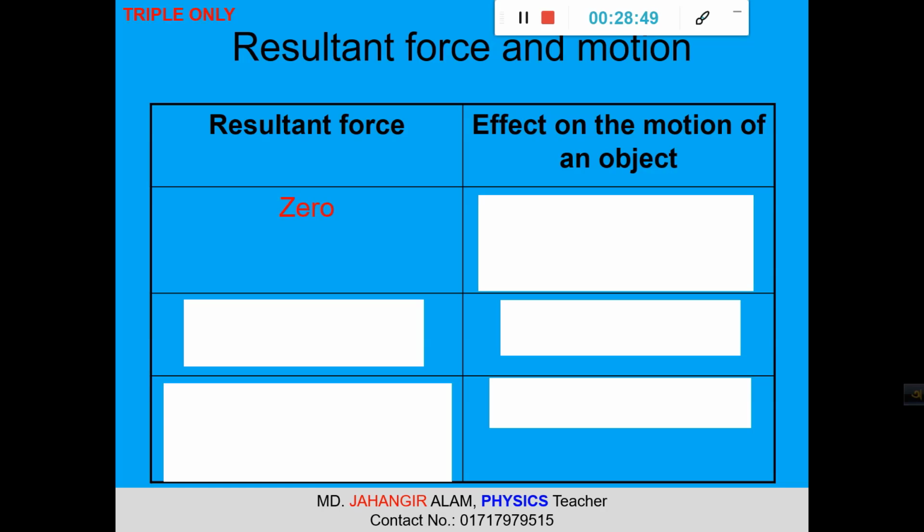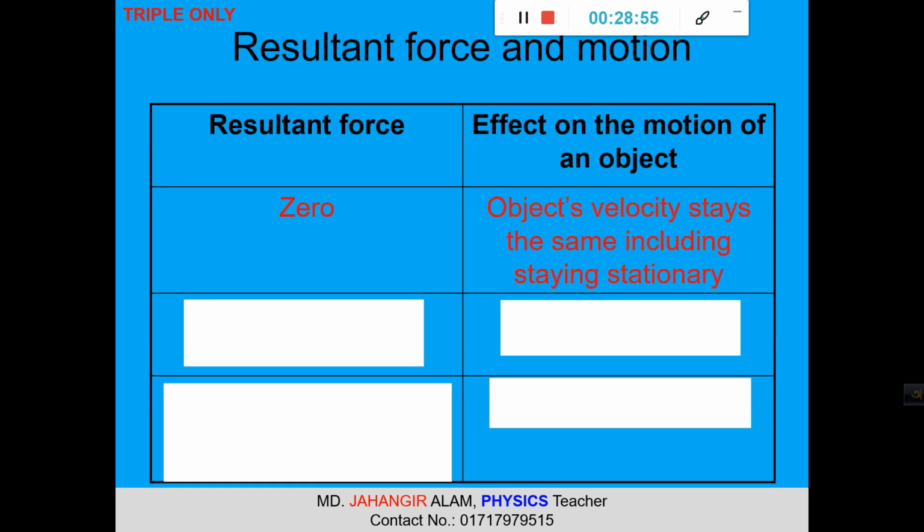Now next one. Resultant force and motion. If the resultant force is 0, that means balanced. If the forces are in balance, then the object's velocity stays the same, including staying stationary. If there is no unbalanced force, then the object will remain stationary or move with constant velocity.